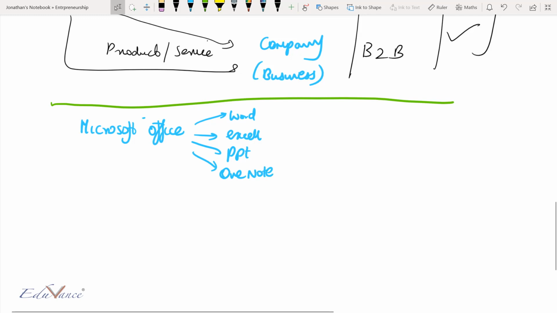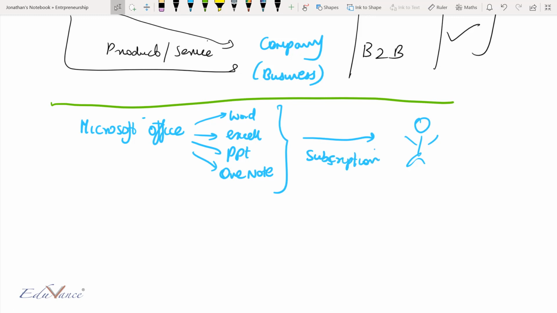So Microsoft as a company has an option of selling directly to individuals like you and me, and we pay a subscription fee, basically a yearly fee for using these softwares, and that costs us some money.